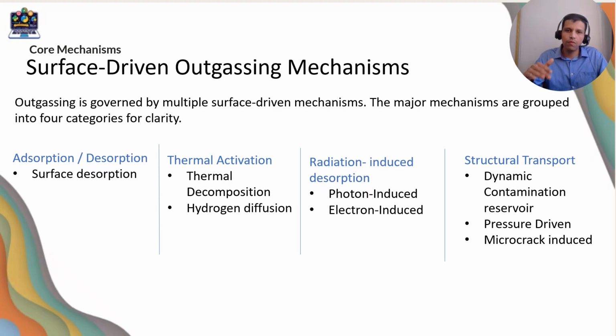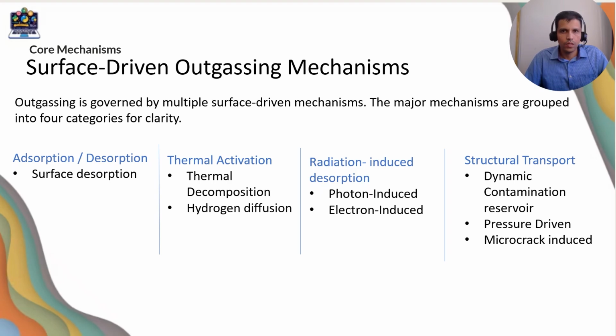Based on that, we can group the mechanisms. So in this slide, I am showing 4 groups of outgassing mechanisms. Now we can move on to the next slide and dive deep into each mechanism, giving some visual appearance and explaining the mechanisms in upcoming slides.